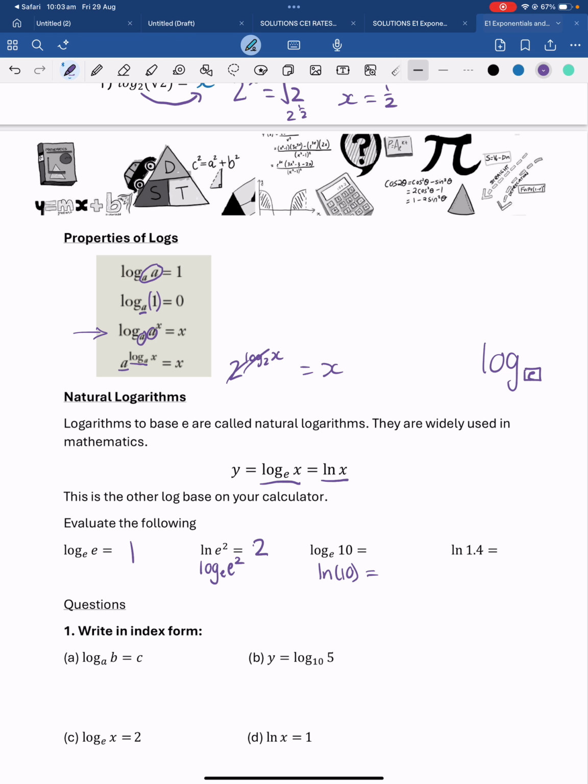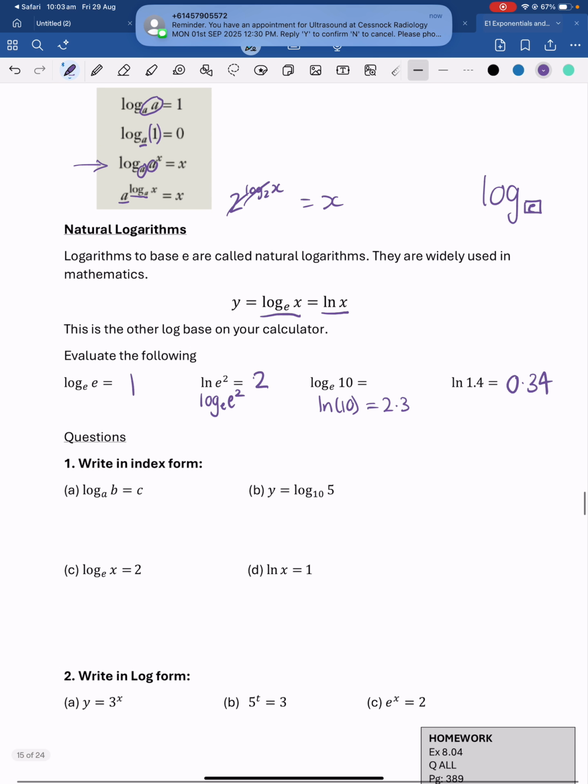Well, I know that number I could just put in my calculator. I have an ln button. I have a log button. So if I put in ln 10, then it's going to give me my answer of, well, we'll do 1dp, 2.3. Now I could do the same thing, ln 1.4 in my calculator. Gives me an answer of 0.34 to 2 decimal places.